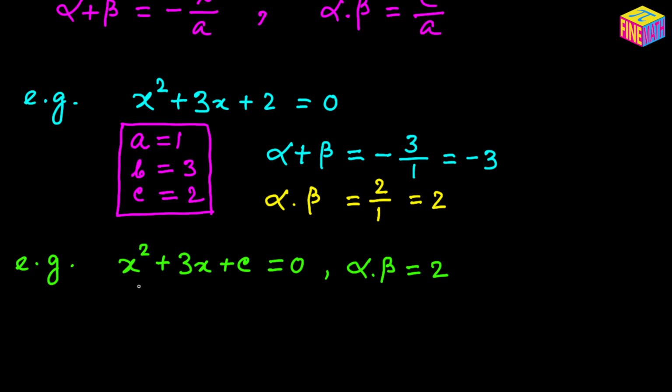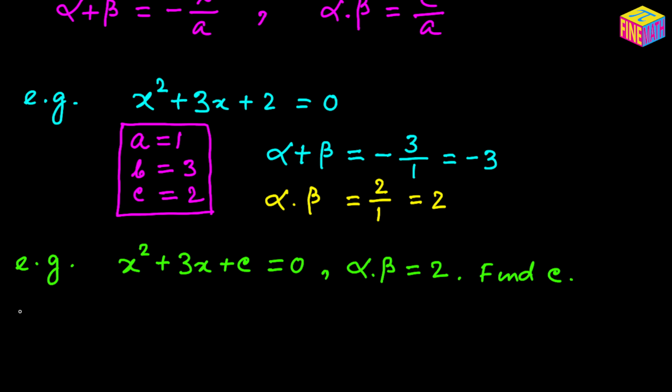Let's assume that this is what has been given in the problem. Now we have to find the value of c. So how do we do that? Well, the product of the roots has been provided, so alpha times beta is equal to 2. But from the equation, our product of the roots would be c by a.